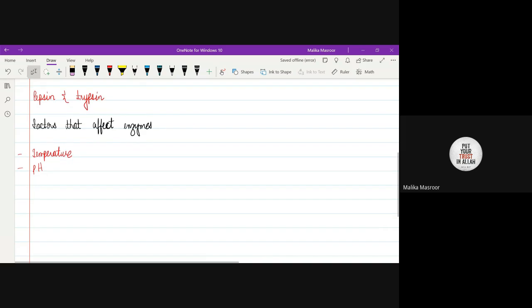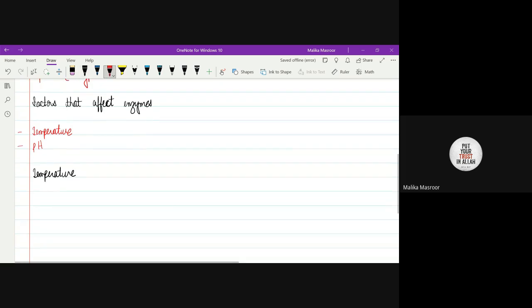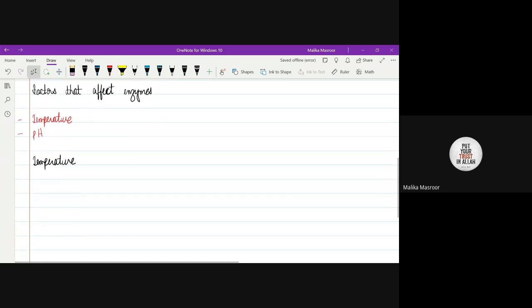If I talk about temperature, so I will say as temperature increases, rate of enzyme activity also increases. General statement.